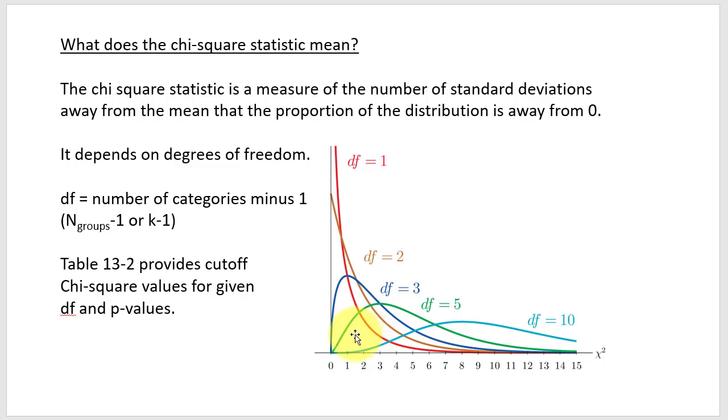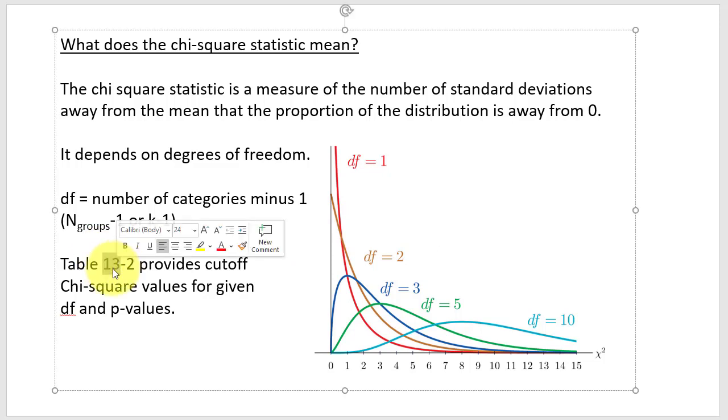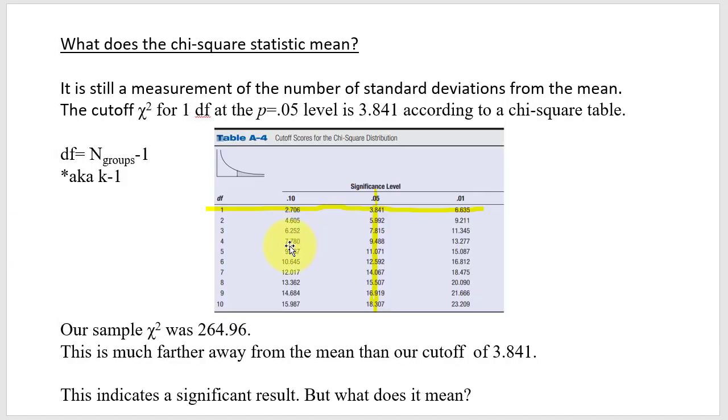And again, as a gamma distribution, I don't encourage that you look too much into it unless you really want to become a math major. Suffice it to say that someone's done an awful lot of work to help us out. So you can look at table 11.2 in this book, pardon me. That provides the cutoff chi-square values for the given degrees of freedom and p-values. That's actually this right here, but it's in a different place in your book.